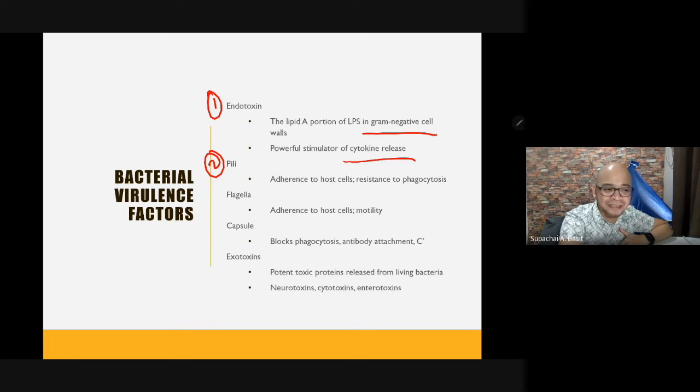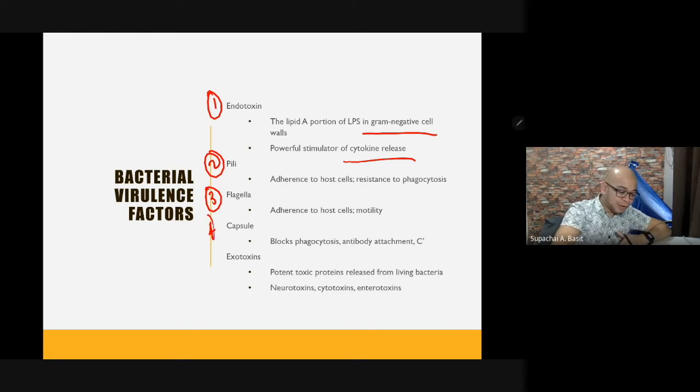If it can transfer genetic material from one cell to another, it is specifically known as the sex pili. Bacteria such as Neisseria gonorrhoeae will use their pili or fimbriae to attach to the epithelial cells. Number three is flagella. Flagella would be important for adherence to cells and, most importantly, for motility.